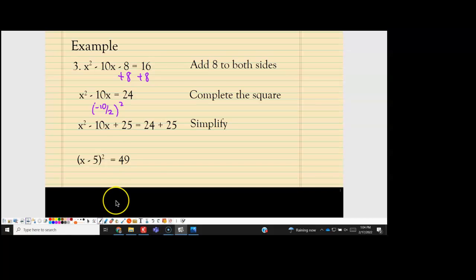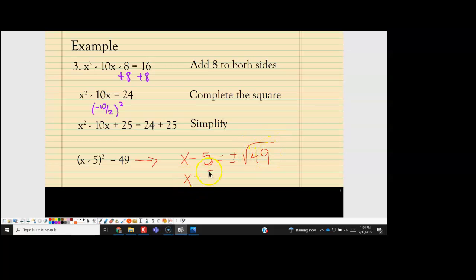So you get x minus 5 squared equals 49. So we get x minus 5 equals plus or minus the square root of 49.